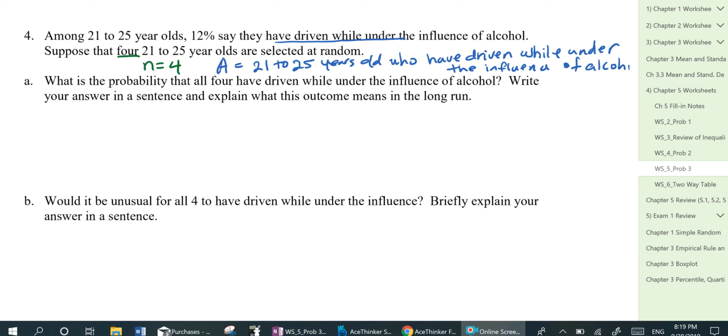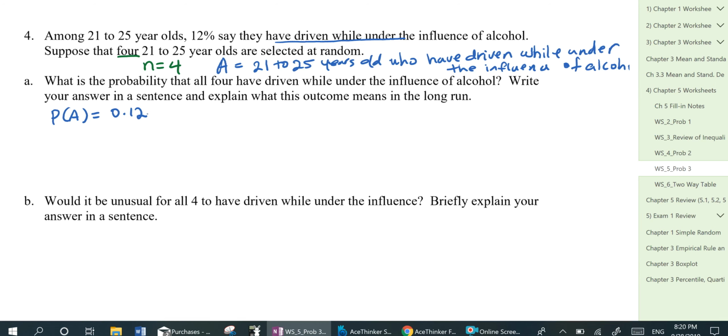It will make it easier to rewrite or understand the problem. So if I let A represent 21 to 25 year olds who said that they have driven while under the influence of alcohol, then P of A is equal to 12%, which is 0.12. Okay, so let's look at problem A. What is the probability that all 4 have driven while under the influence of alcohol?